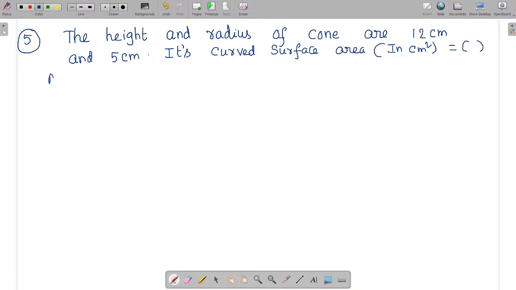Option A is 204, option B is 204 2/7, C is 204 4/7, D is 205. So which is the right option?